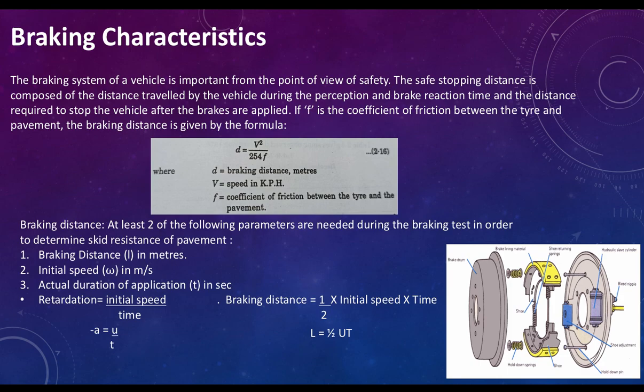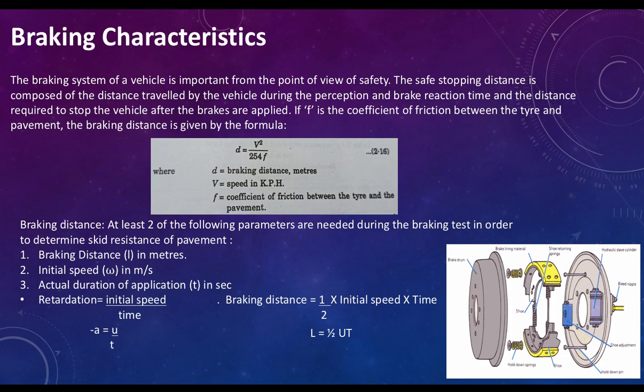So it takes some time for the vehicle also to stop. Once you have applied the brake, it goes some distance and then it stops. It doesn't come into static position right after you press the brake.